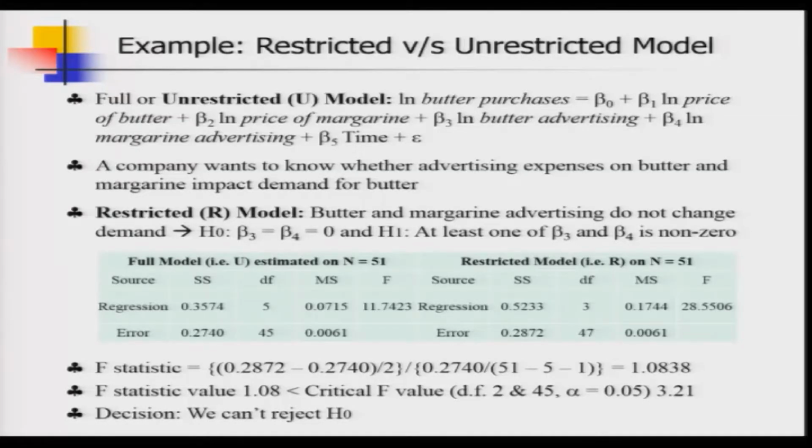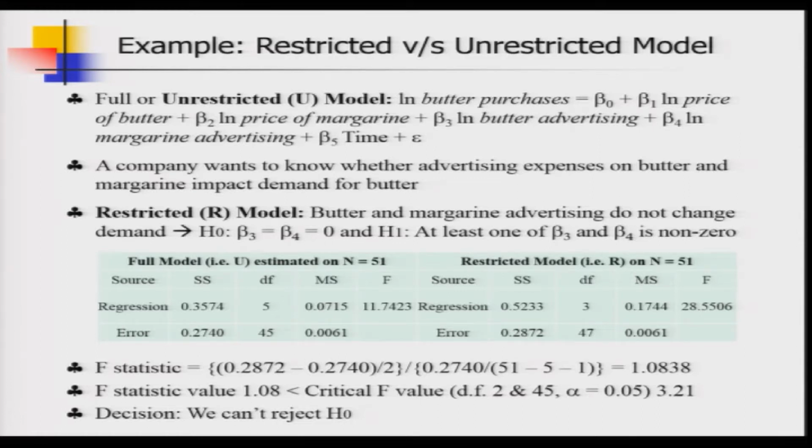Now, we say that the model that I am showing you here under the first bullet point is my full model, or my unrestricted model. As a statistician, I have this task at hand. The company, my client, wants to know whether the advertising expenses on butter and margarine have impacted the demand for butter or not.